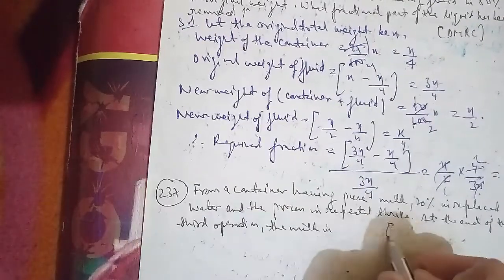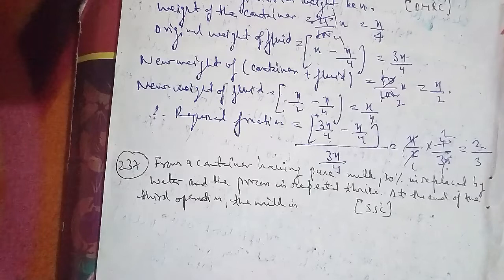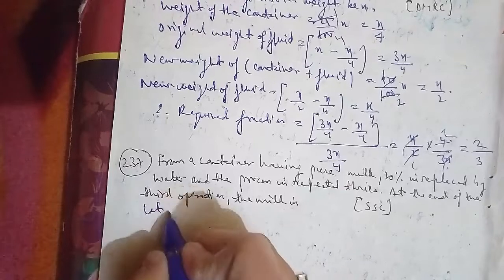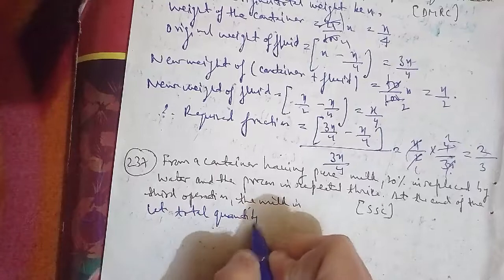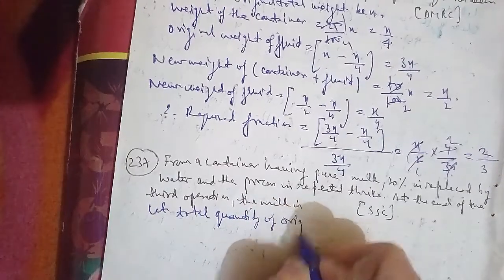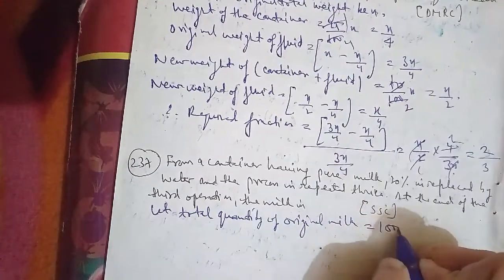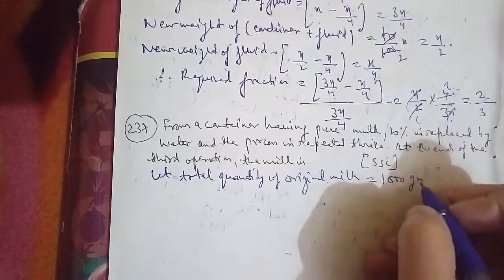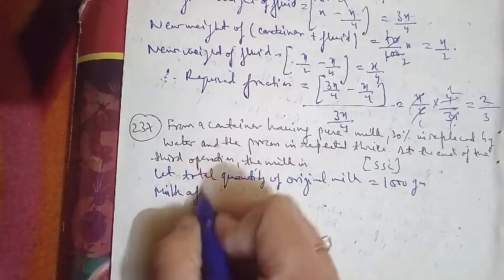Milk after first operation equals 80% of 1000, which is equal to 800 gram. Milk after second operation, 80% of 800, which is equal to 640 gram.